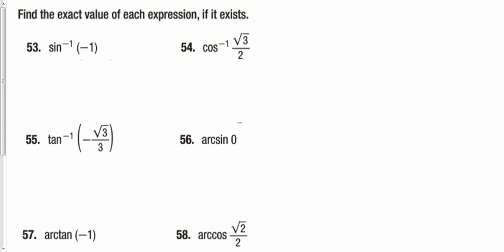The way we read this is, where is sine equal to -1, right? When we look for inverse sines, cosines, or arc sines, arc cosines, they mean the same thing. We are trying to figure out an angle, just like we did in the very beginning, when we were solving for the angle of a right triangle and using the inverse sine or inverse tangent or cosine to do so.